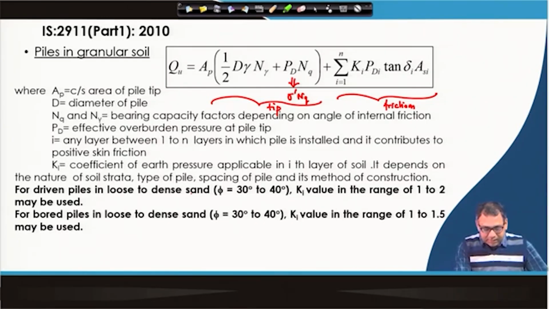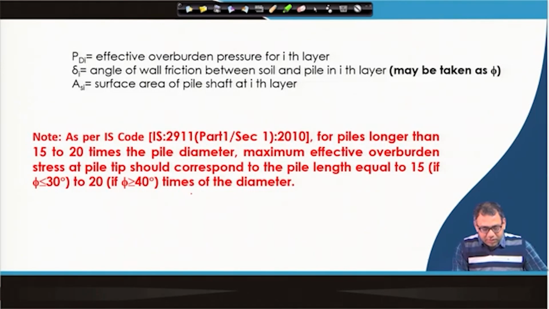So, this is the equation as per IS code, and here IS code also gives a recommendation for the critical depth. So, if phi is less than or equal to 30 degree, then the critical depth is 15 D, and if it is greater than or equal to 40 degree, then the critical depth or critical length of the pile is 20 D. If the phi value is in between, that means loose to dense, then you have to take the critical depth accordingly.